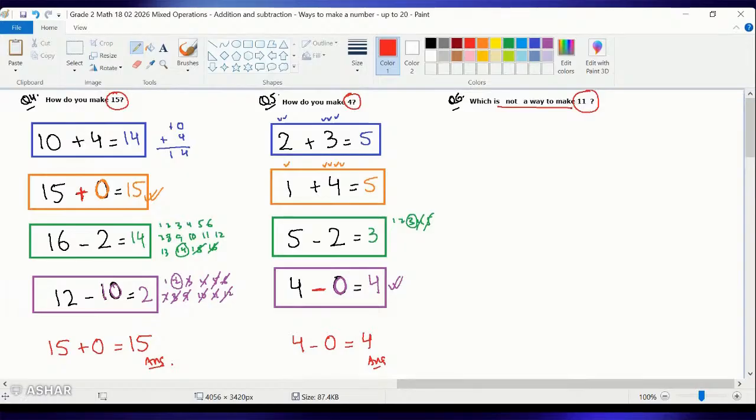Okay, if the first option was given as 5 plus 6, 8 plus 3, 12 minus 1, and 16 minus 4. We need to find the ways in which we don't have to make an 11, right? It should not be equals to 11.